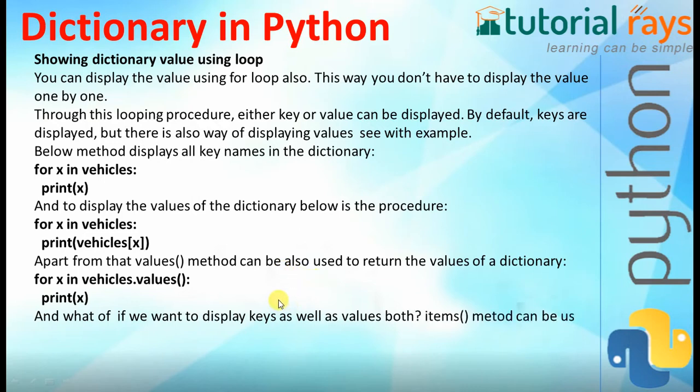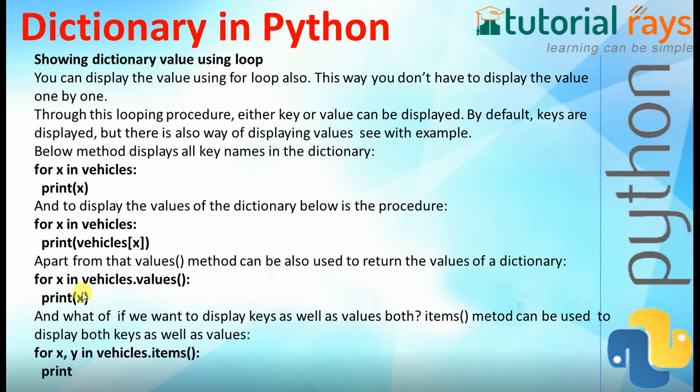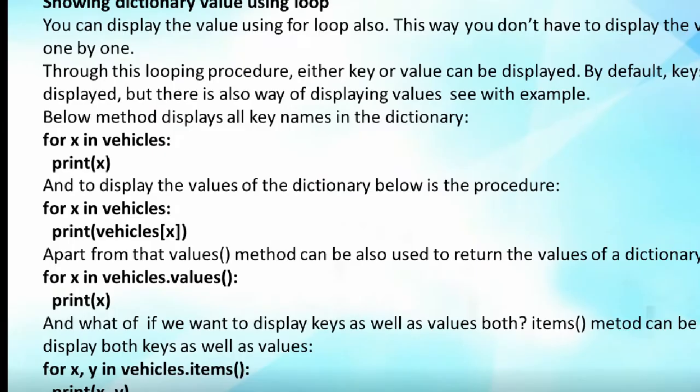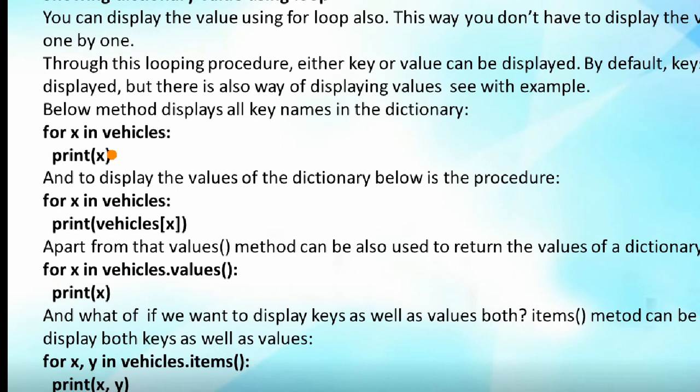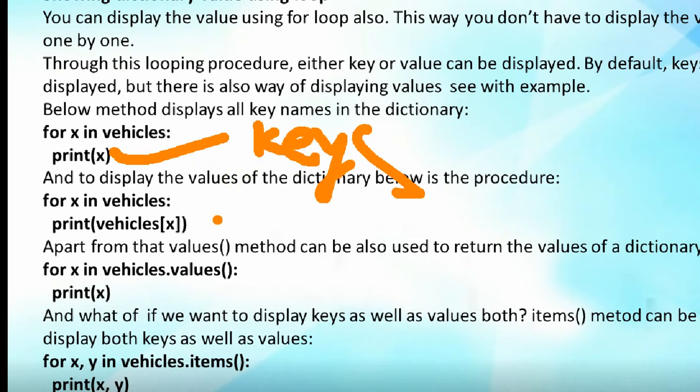Apart from the above methods, it can also be displayed like this. If you write something like this, then it will display the keys. And if you write like this, then it will display values.